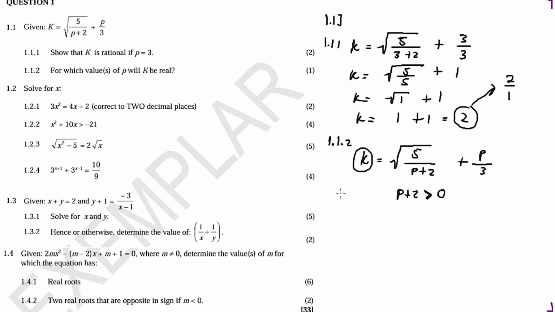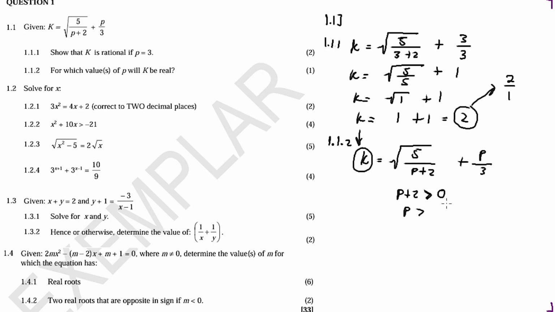But if the denominator is less than 0 or even equal to 0, we will have something unreal, I mean we're going to have k unreal or imaginary. So p plus 2 must be bigger than 0. Then we're going to have a real situation, not a fake one.